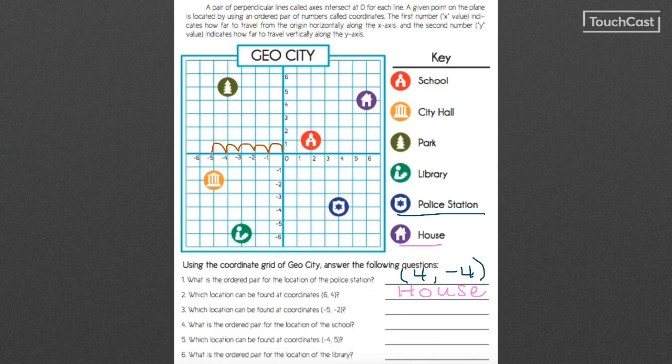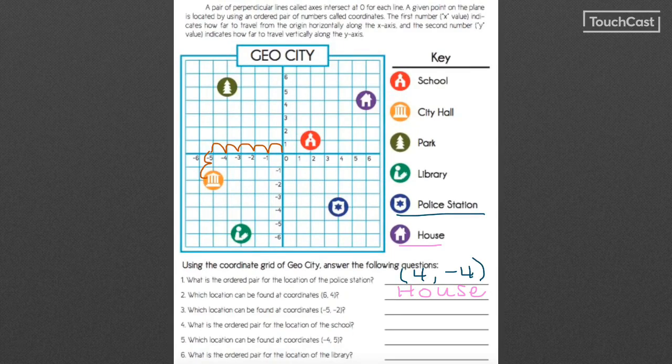I'm going to start by moving 5 places to the left into the negative x numbers. Once I move over 5 spaces, let's figure out which one we're going to end up at. In quadrant 3, we see the library and the city hall. Based on me moving 5 spaces, where do you think we are going to end up? When I move 2 spaces down, I end up at City Hall. If you figured out we were going to end up at City Hall, give yourself a thumbs up.